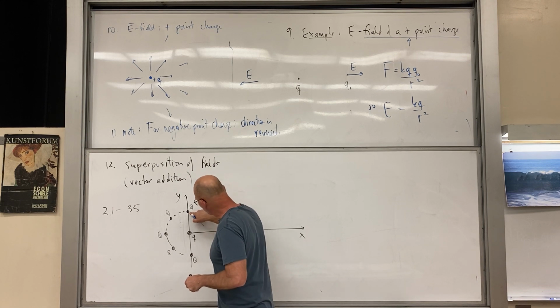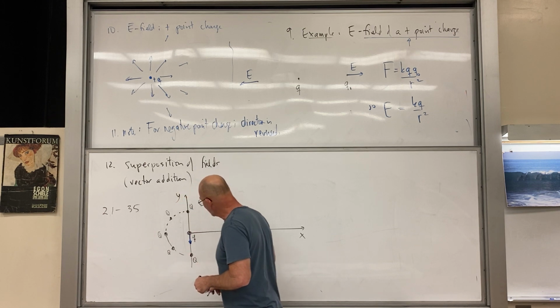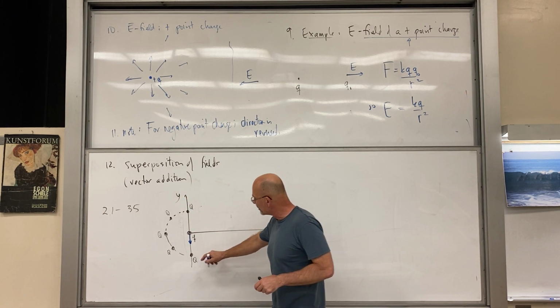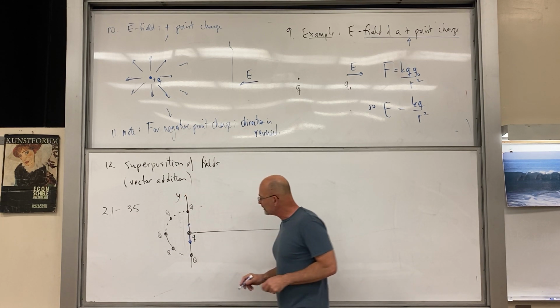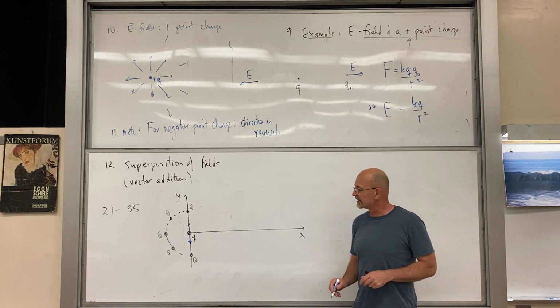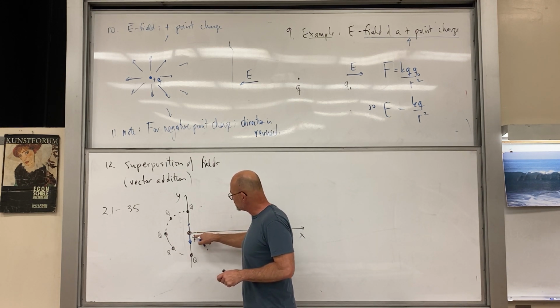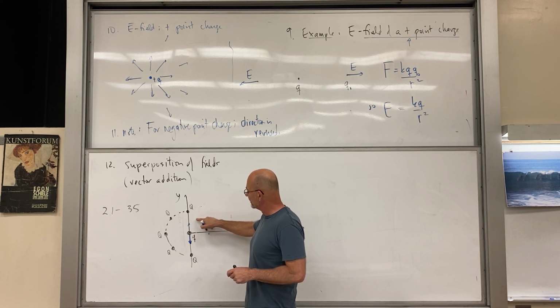So the force due to this upper one here is directed that way because it's a central force. The bottom one directed that way. Clearly these two vectors cancel exactly. Okay. Now all of the vectors that I'm going to attach from here could just as well be field vectors as they could be force vectors.